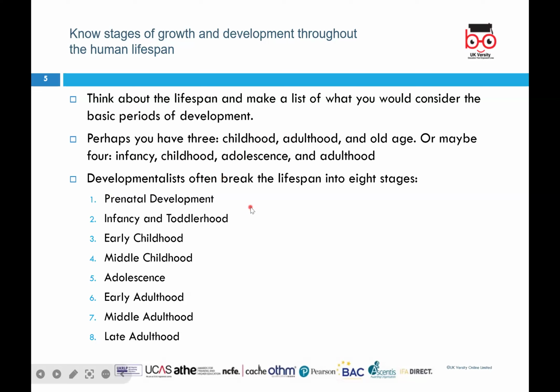There are developmentalists who study human development. They often break the human lifespan into 8 stages, starting from prenatal development, and going through infancy, toddlerhood, early childhood, middle childhood, adolescence, early adulthood, middle adulthood, and ending with late adulthood.